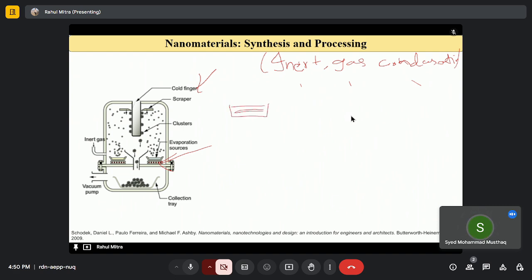So again, now first what we do is we have a tray or a boat and we have material here. What we do is we heat it. On heating, the molecules won't condense, they will evaporate, and we have vapor molecules.